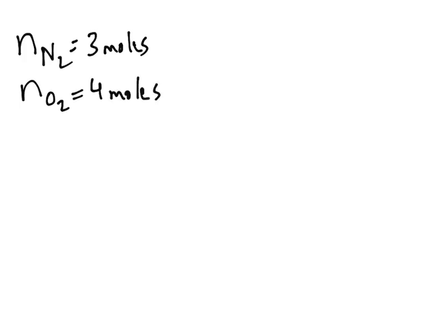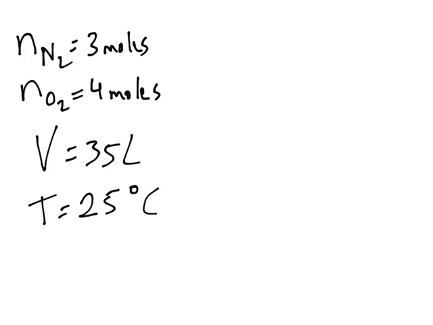Then they tell us that these gases are placed in a 35-liter container. So the volume will be equal for both because they're in the same container. And it's at a temperature of 25 degrees.